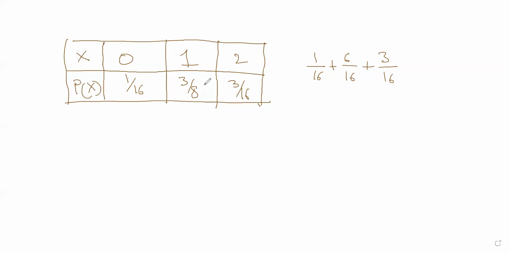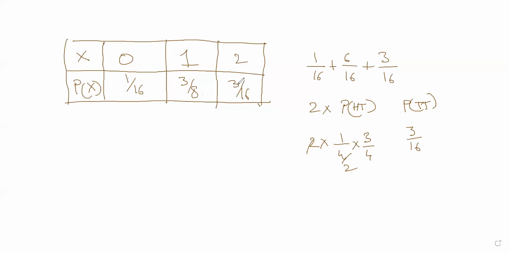Did I calculate correctly for the head and tail? Yes, because you can have P of head and tail, and tail and head. So 2 times head, which is 1/4, and tail, which is 3/4. So I calculated correctly. This is fine, 3/8, and then for 2 tails, that is 3/16.